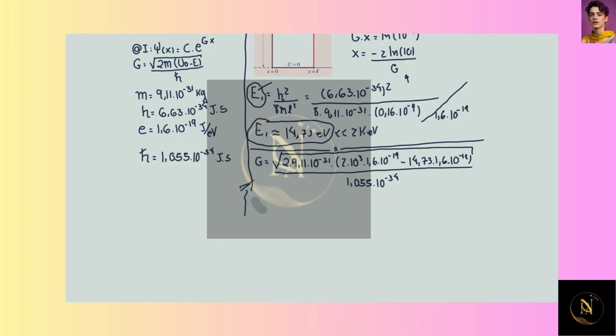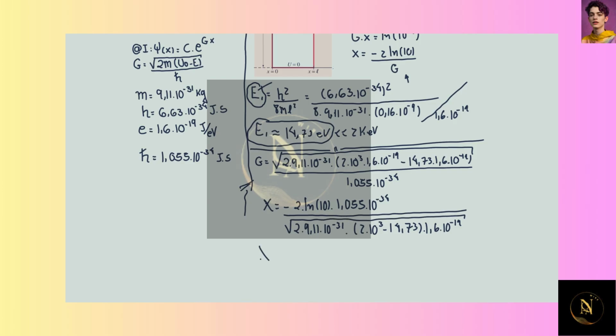x is equal to minus 2 times the logarithm of 10 times 1.055 times 10 to minus 34, and this is divided by the square root of 2 times 9.11 times 10 to minus 31 times 2 times 10 to the third minus 14.73 times 1.6 times 10 to minus 19.